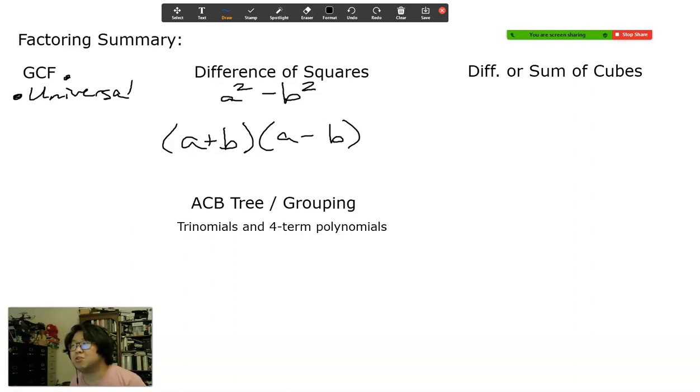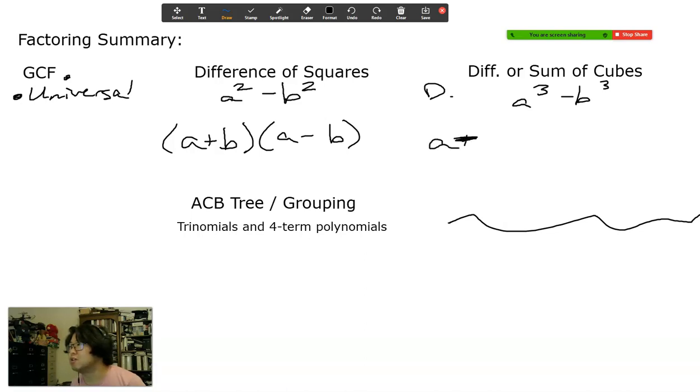Difference or sum of cubes. So I'm going to split this one in the middle here. If we have a difference of cubes, then you'll be looking at something like a cubed minus b cubed form, and your written answer should look something like a minus b times a squared plus ab plus b squared.